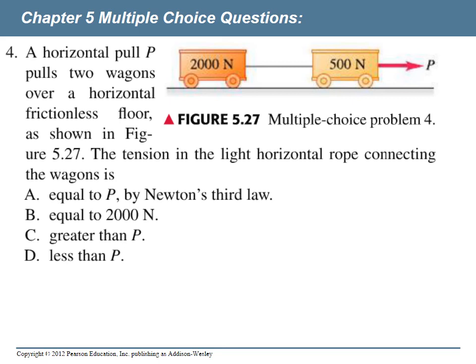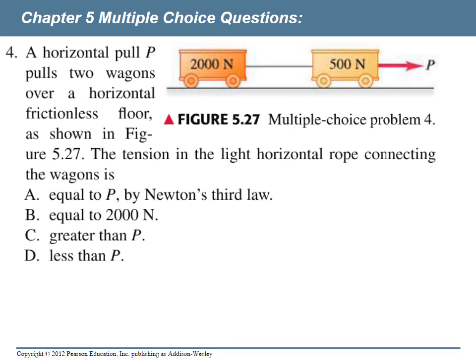Now they have to be accelerating at the same rate, right? These are accelerating together, so let's say they're accelerating at 1 meter per second squared. So this whole thing is accelerating at 1 meter per second squared, which means this is accelerating at 1 meter per second squared, and so is this, right? If I free body diagram just this one, I have some force here which is causing only 2,000 newtons to accelerate at 1 meter per second squared.